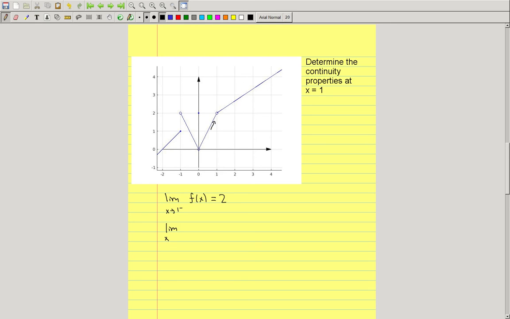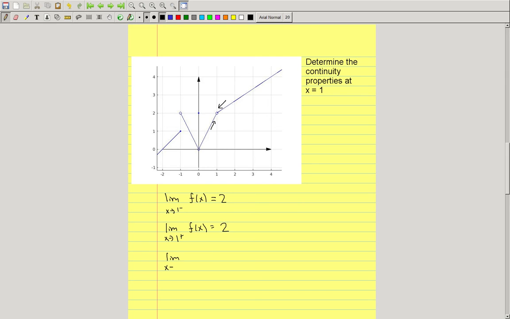Next up, we look at the limit from the right. We come down on our function this way, and see that again, our function is going to be equal to 2.